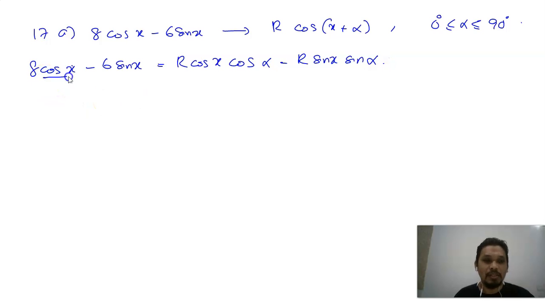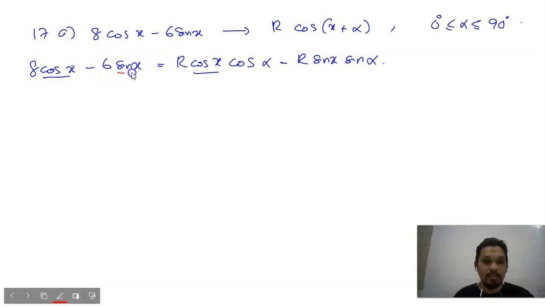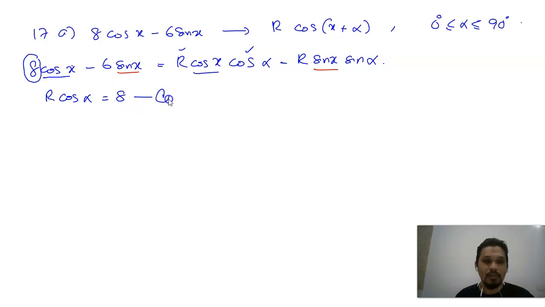We compare this cos x with cos x and sine x with sine x. Then with 8 we compare with r cos alpha. R cos alpha equal to 8, equation 1, and this 6 with r sine alpha. R sine alpha equal to 6.